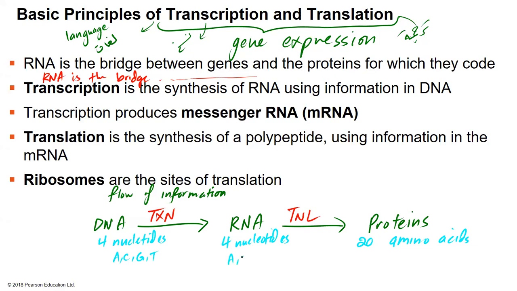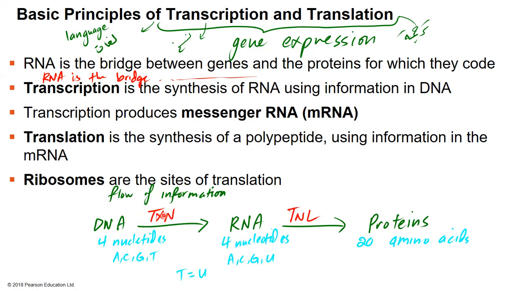Here we have the same thing, A, C, and G, except instead of T, U. You could say that T equals U. Okay? And here we have another language that is used to make proteins made of 20 different letters.